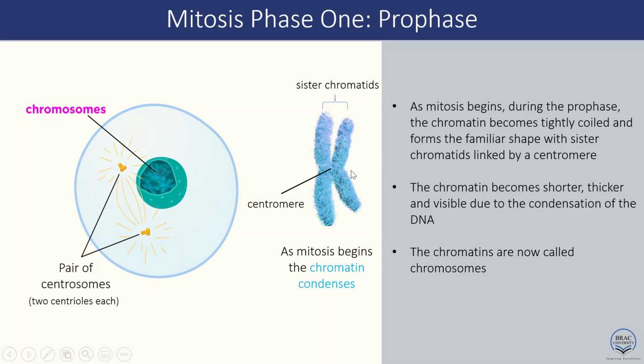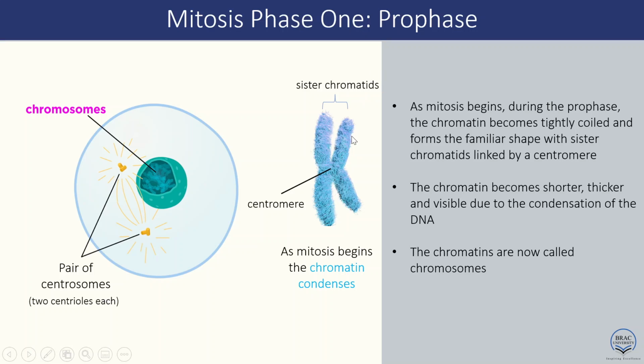When the condensed structure is formed, that is called a chromosome. But when they are loosely bound and in scattered form, they are called chromatin. When the chromatin is condensed and supercoiled, forming this structure, it is referred to as a chromosome.